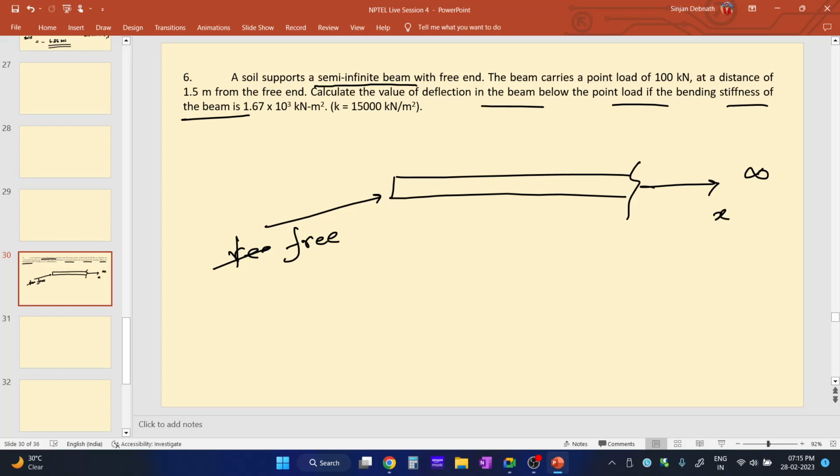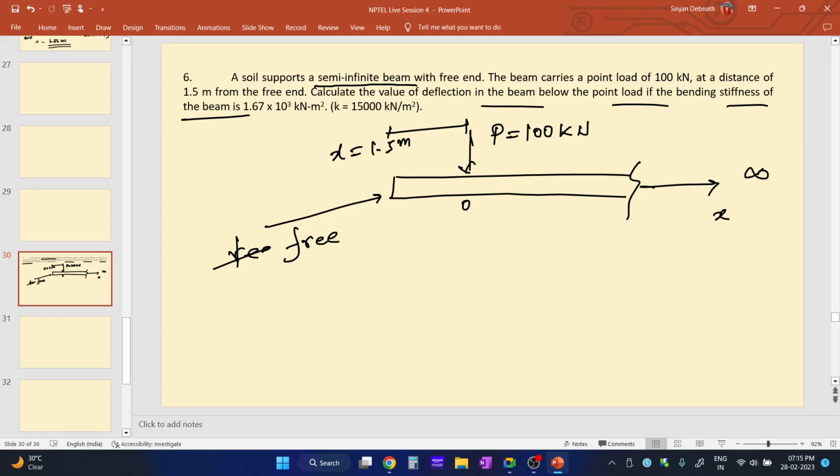The load P equal to 100 kilonewton is acting here, at a distance of 1.5 meter from the free end, so x is equal to 1.5 meter.